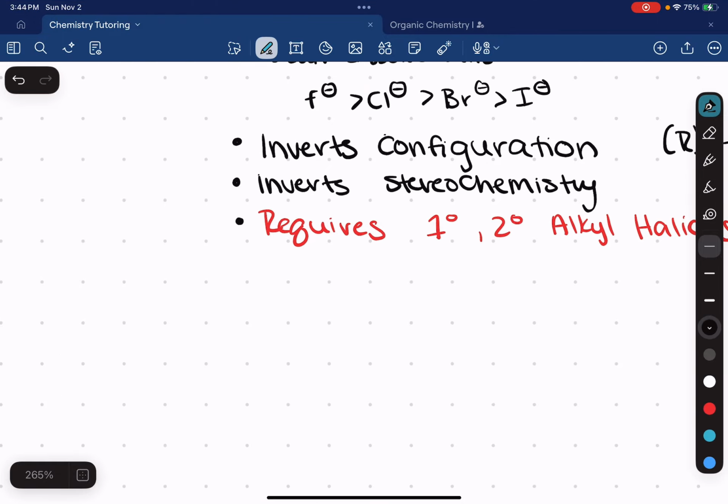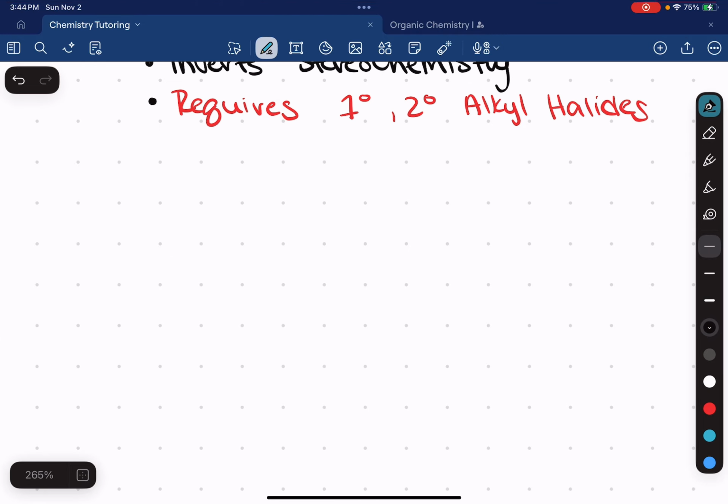So here's going to be our reaction mechanism. We've got a CH3 attached to a chlorine, and we're going to add just the OH negative, right? It's got all these lone pairs.